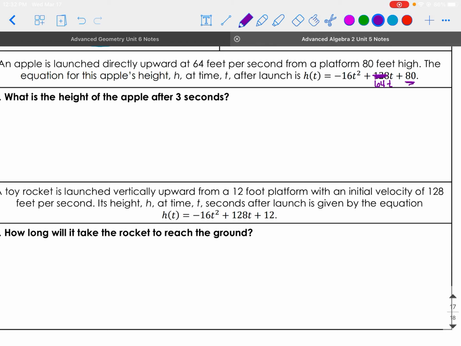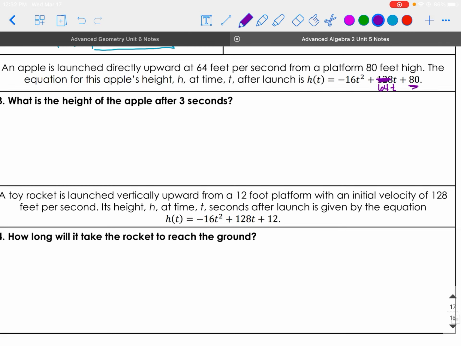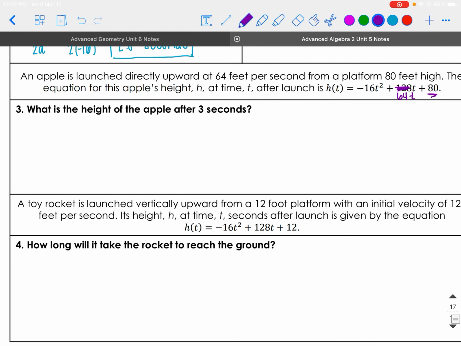So the equation is given, but we had to fix it. What is the height after 3 seconds? So this one is just one where we plug in 3. So the height at 3 seconds is negative 16 times 3 squared plus 64 times 3 plus 80. Oh, I have to grab a calculator.